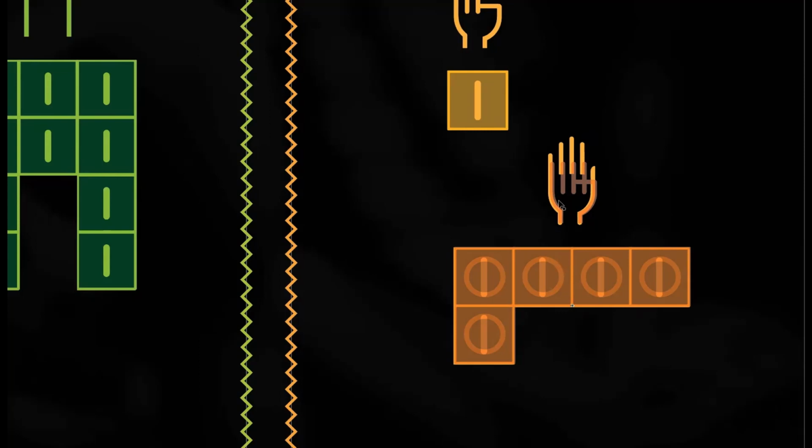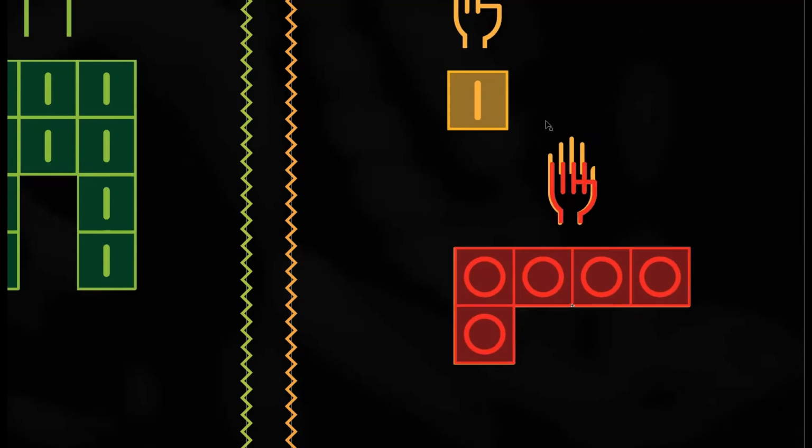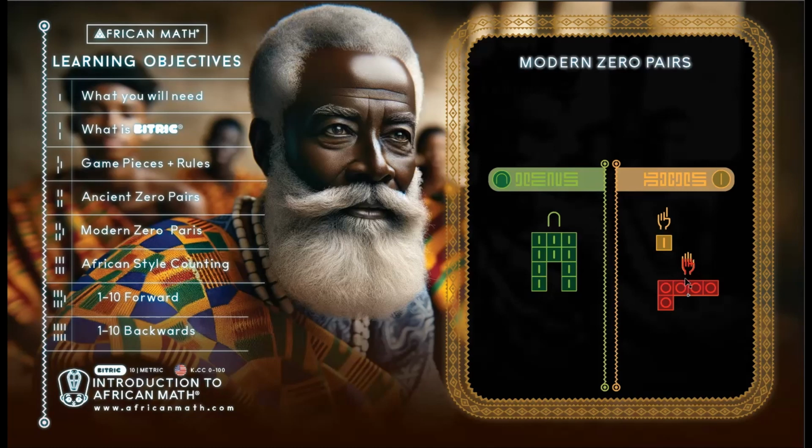So make sure that you also build a takeaway toy for every single toy that you build that's place. You need to build a toy that's erased. So that's a zero pair.